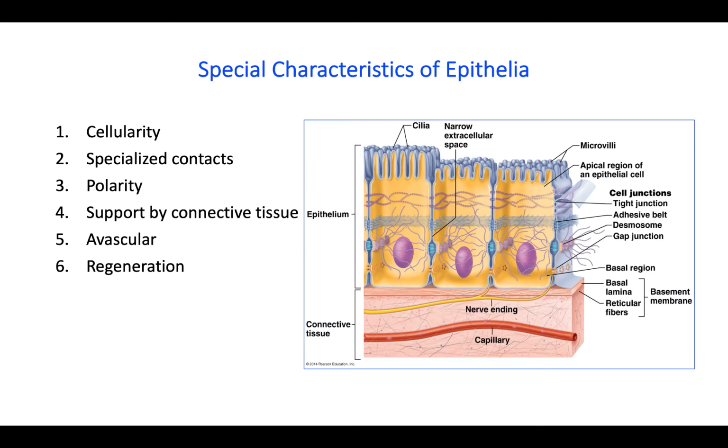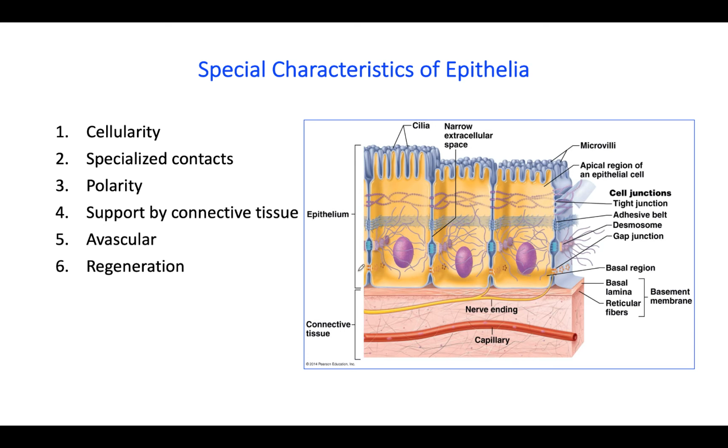Epithelial tissue does not contain blood vessels. Look at this: this is epithelium and the bottom part is connective tissue. Connective tissue has a supply of blood vessels, but these blood vessels cannot enter the epithelial tissue.